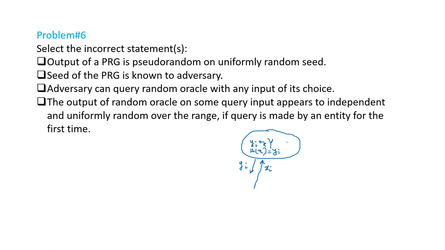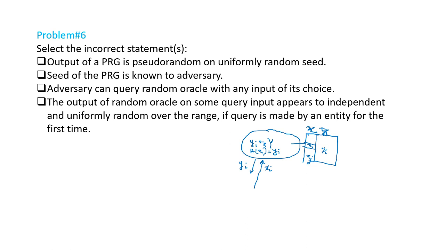It maintains a table of its own for the set of inputs xi and outputs yi. If some xi is already present in its input table, then its corresponding yi is returned. If some xj was not queried before and is being queried for the first time, then yj is sampled uniformly at random from the output space and it assigns h of xj equal to yj.